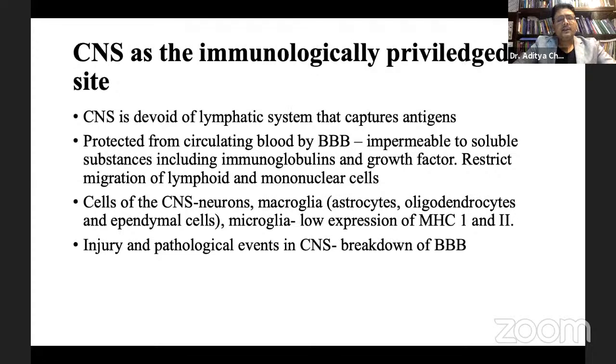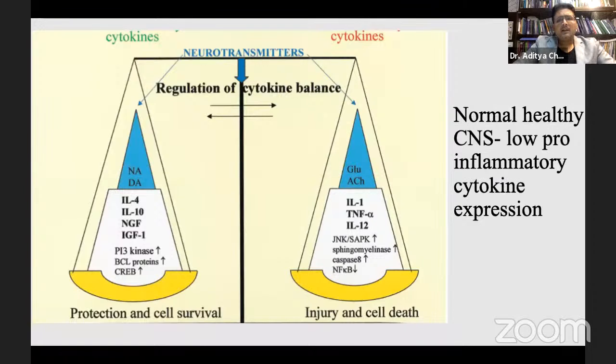However, in injury or any pathological events in the CNS, there's a breakdown of this blood-brain barrier. In a normal CNS and a normal situation, there is a very low level of expression of the inflammatory cytokines.